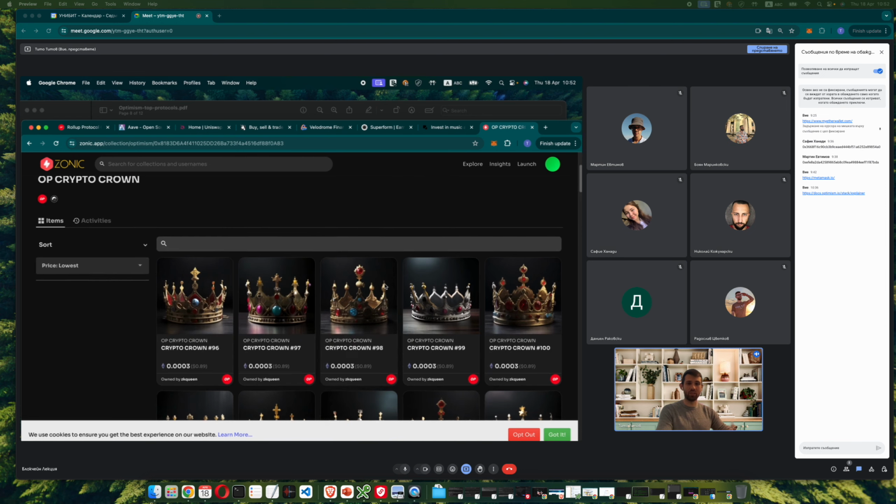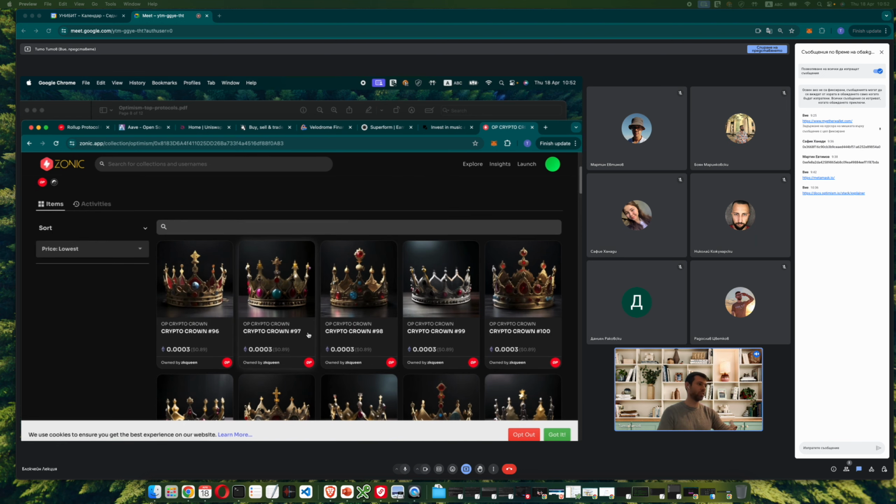But the cool thing with the NFTs is that you can verify the authenticity of this item. So if I buy it, I can see in the blockchain who created it, how many pieces we have, and if this is an original art. For example, with real art, sometimes some fraud is happening. Someone is selling a copy of the Mona Lisa claiming that this is the original one, and you cannot really prove if it is the original one or not.